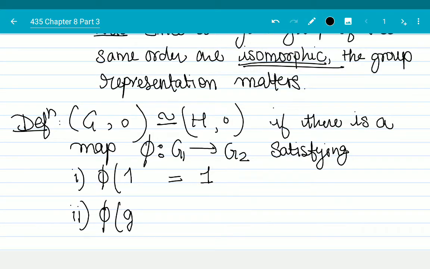A map phi from G to H satisfying three conditions.